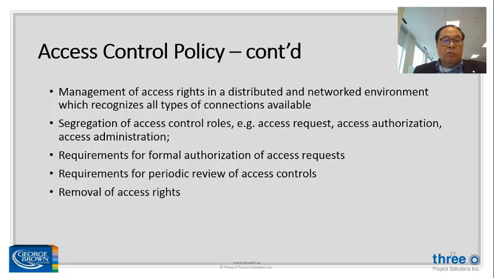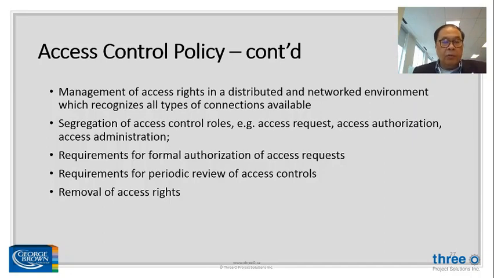So the access control policy should also mention management of access rights in a distributed and network environment. So it's not just one location perhaps. It could also be multi-location, especially if you're dealing with an enterprise that is geographically dispersed. Then you have to manage information in a widely distributed network. So access control will have to take that into consideration.